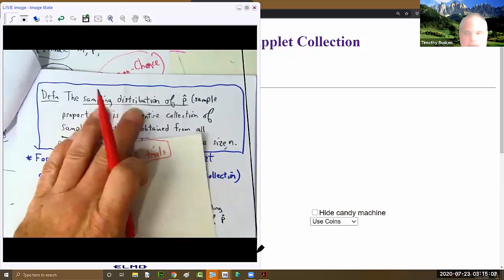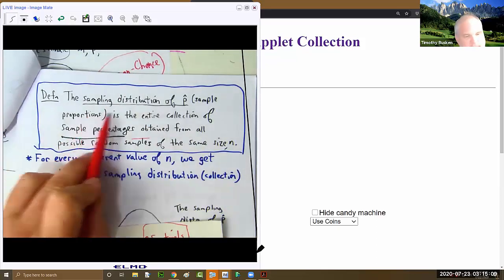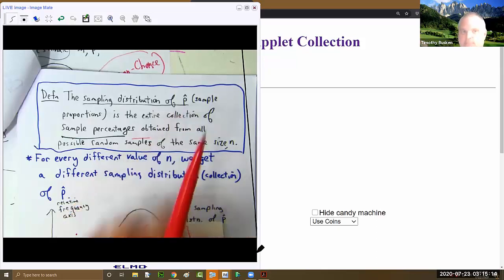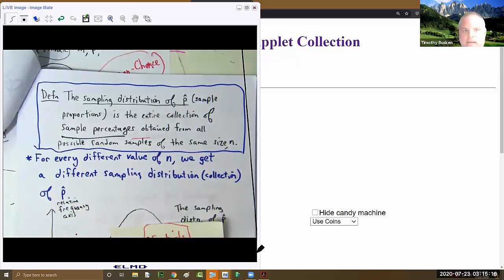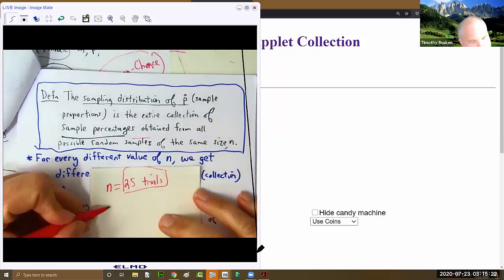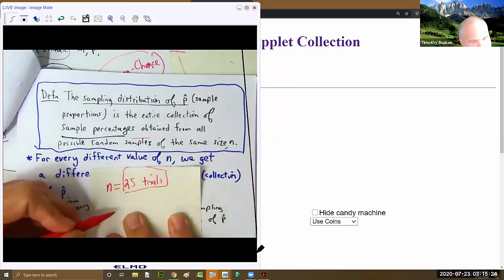So you need to know that whenever you're working with the sampling distribution of p-hat, this sampling distribution comes from doing a binomial experiment on the population. Here we've got N equals 25 trials in a sample, and we're measuring whether or not the candy is orange.